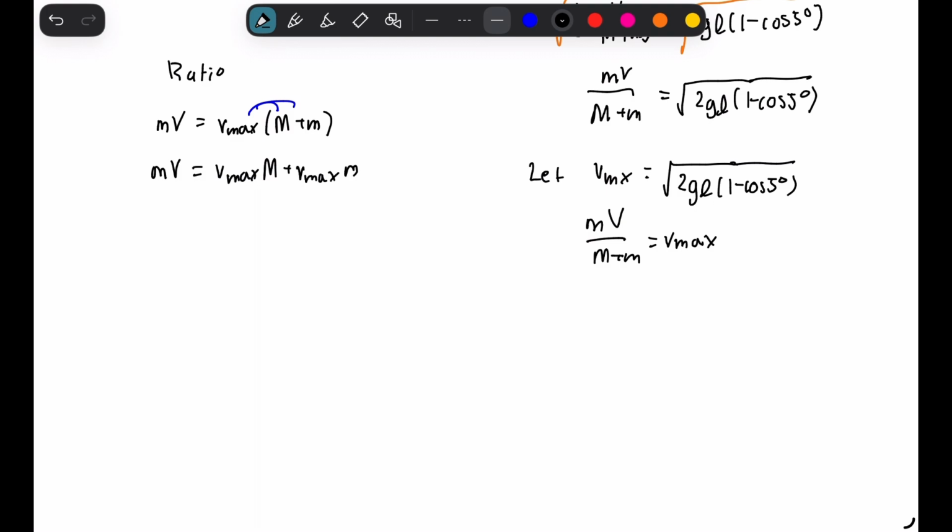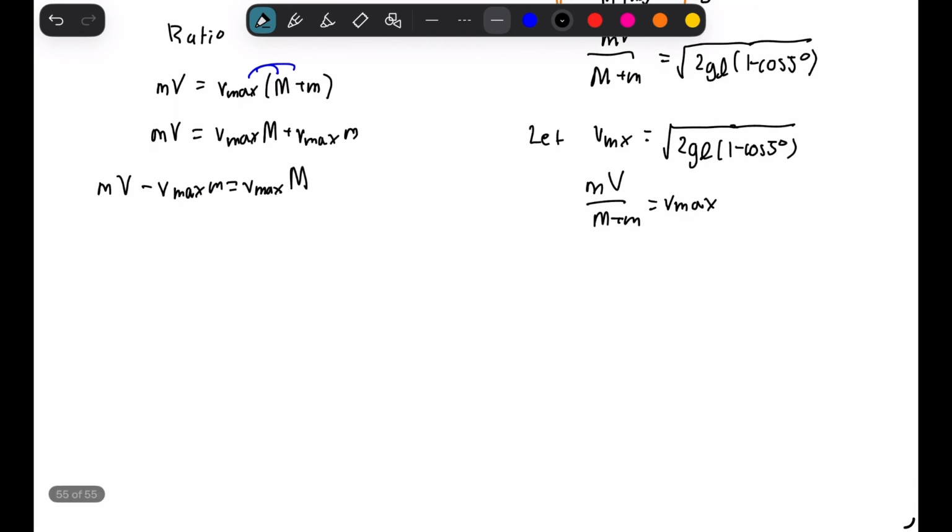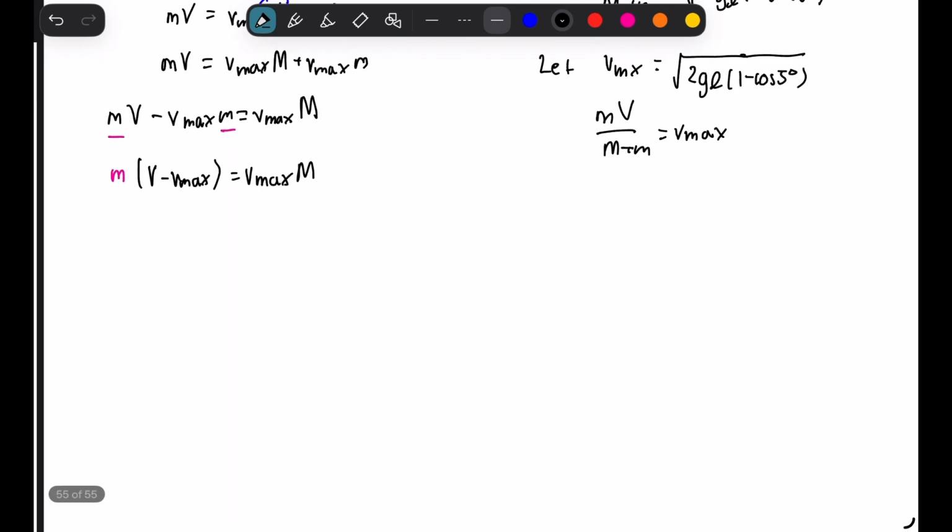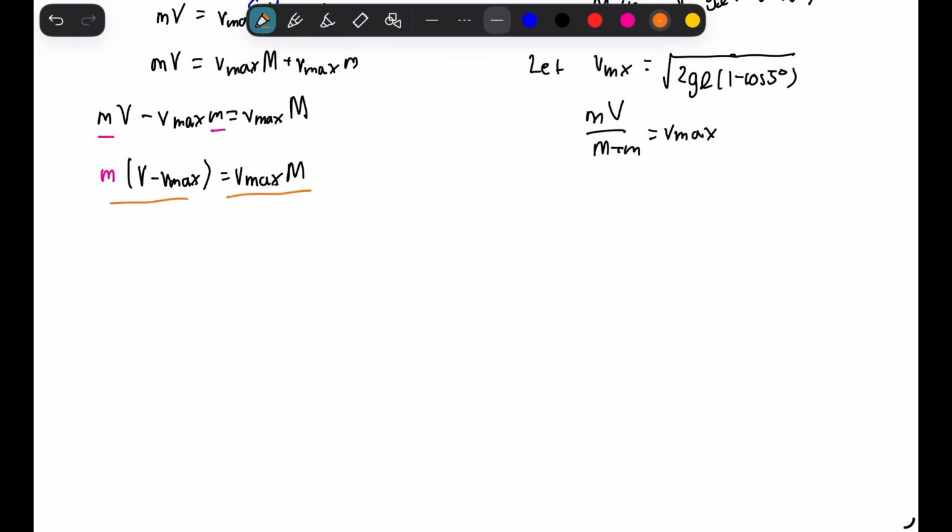So we're going to move these terms with the lowercase m together. So we have m V minus V max m is equal to V max big M. Then we can factor out this m here. Then we can divide by V minus V max.